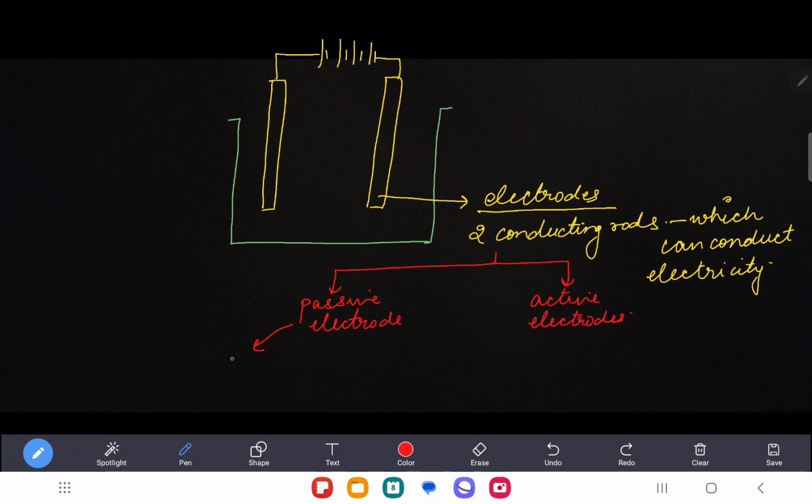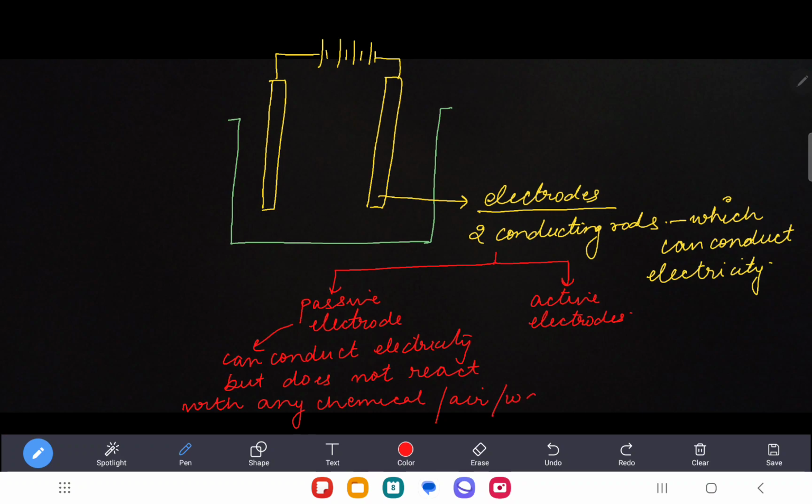Passive electrodes are those which can conduct electricity, but do not react with any chemical, air or water. You understand my point?